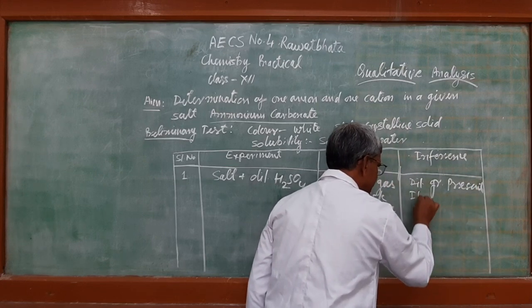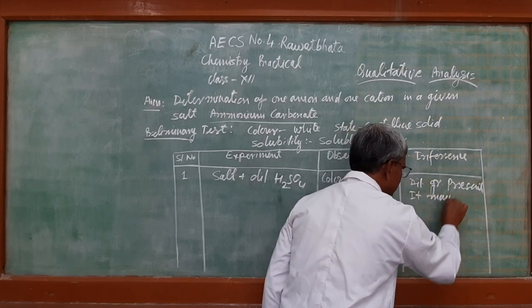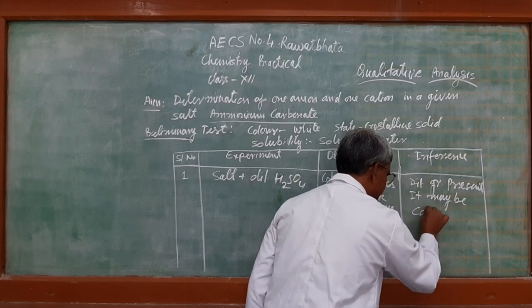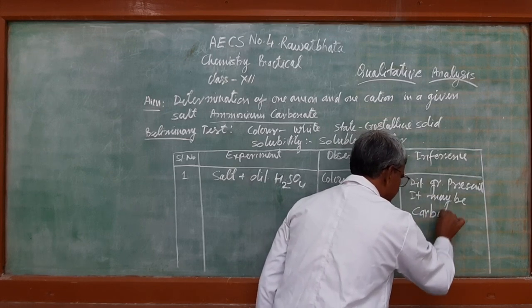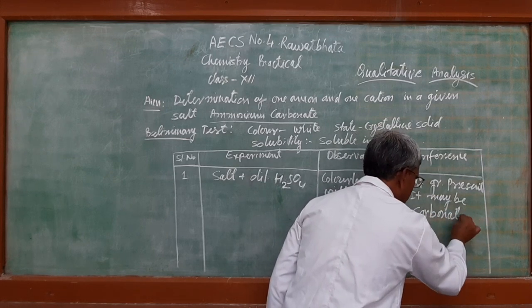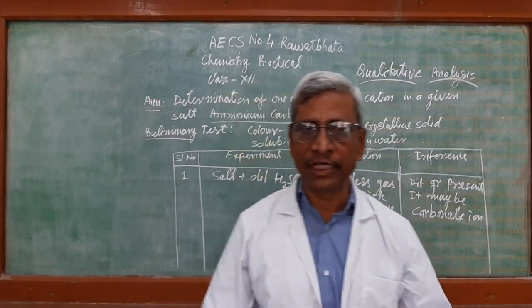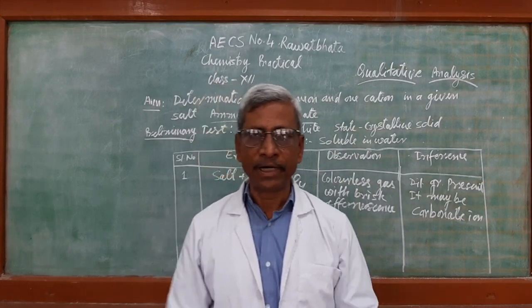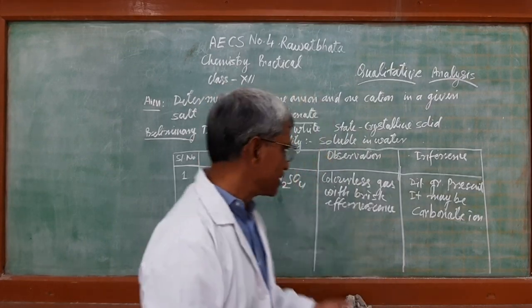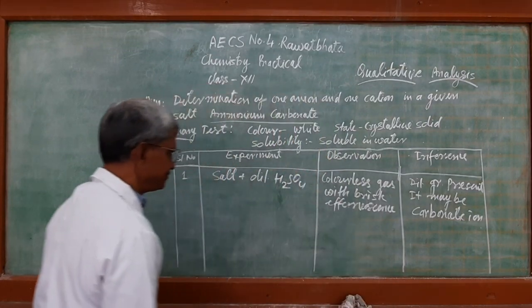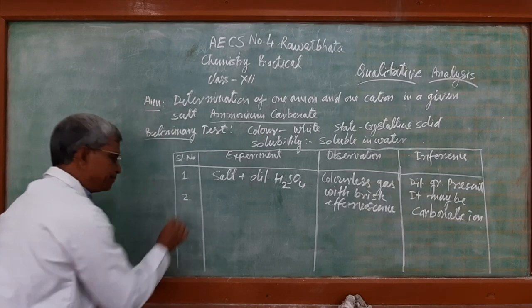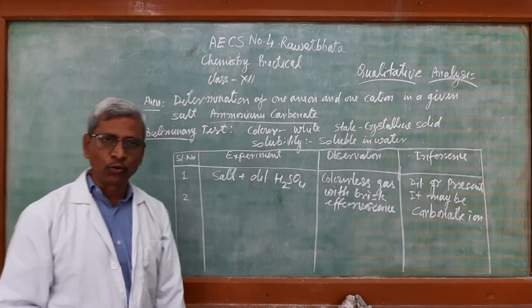It may be carbonate ion. That is the first experiment. In this way we have to proceed for the writing part. This is the first one. Pass the gas through lime water.